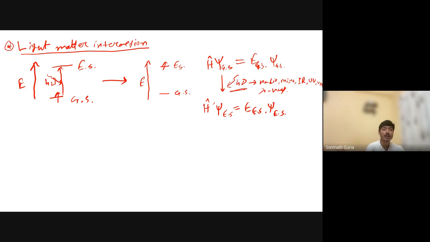If it is the electronic distribution in the orbitals, then it will be UV spectroscopy, optical spectroscopy. If we are talking about inner-shell electronic distribution, then it will be the X-ray. Gamma ray is for the nuclear distribution.